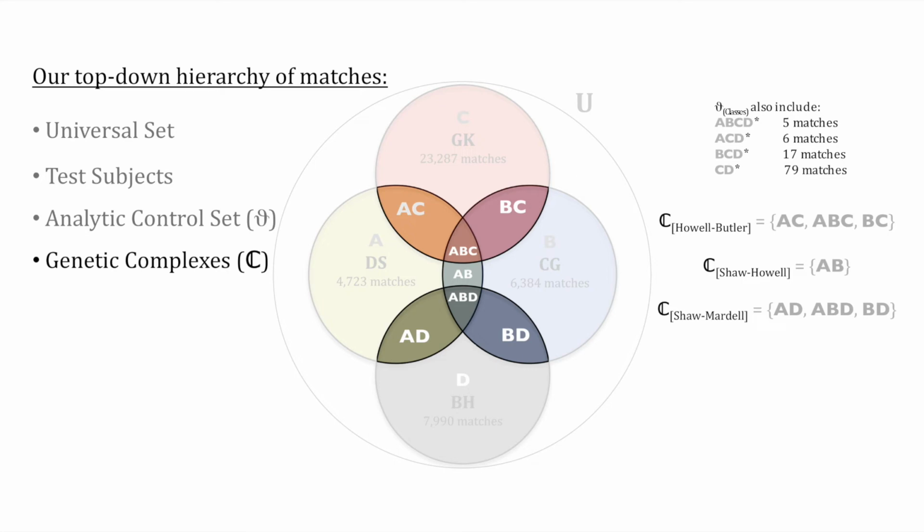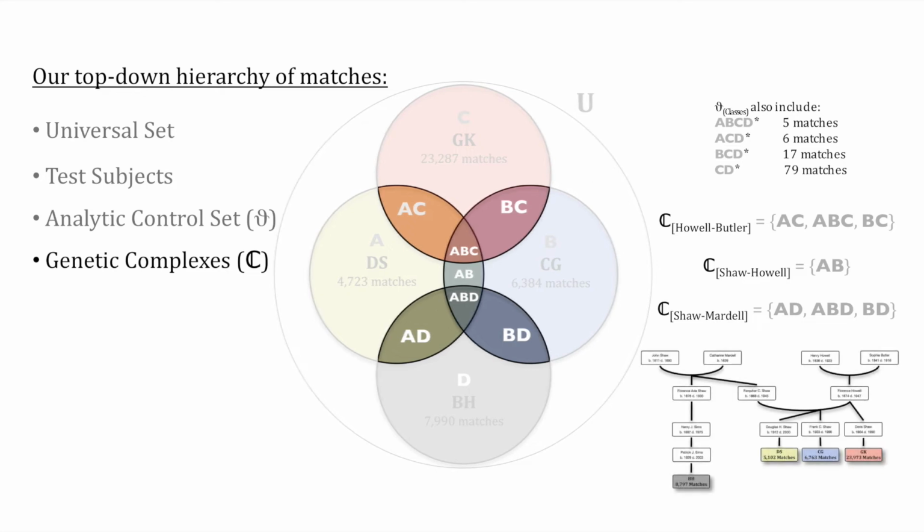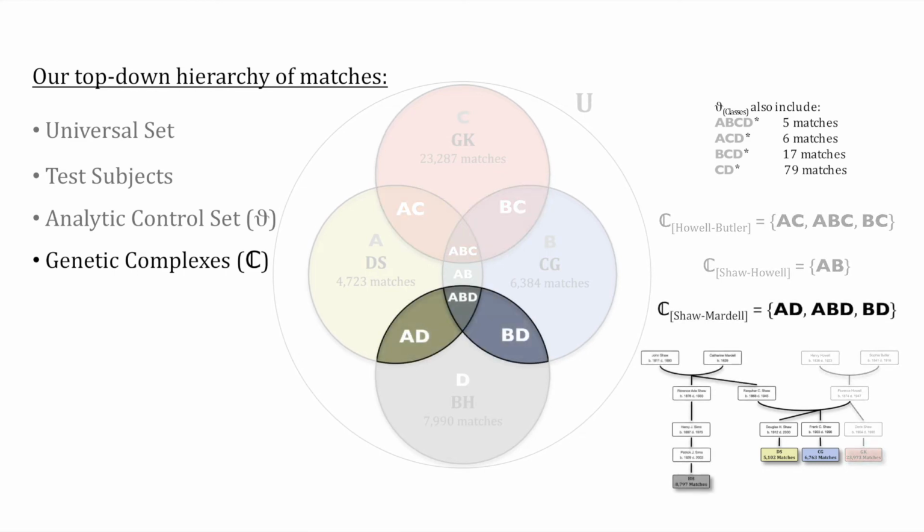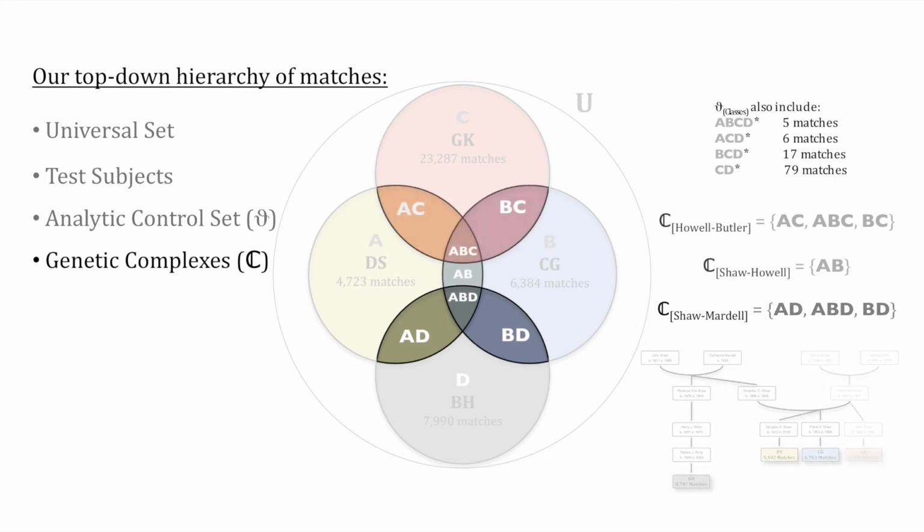Each complex is notated by a complex symbol and the surnames of the most recent common ancestors shared by its participants. Examples of complexes in our study are complex Shaw-Howell, complex Howell-Butler, and complex Shaw-Mardell, but the composition and arrangement of genetic complexes will vary from investigation to investigation.